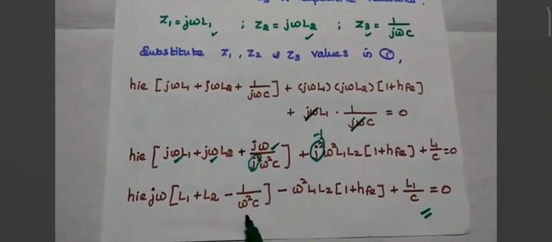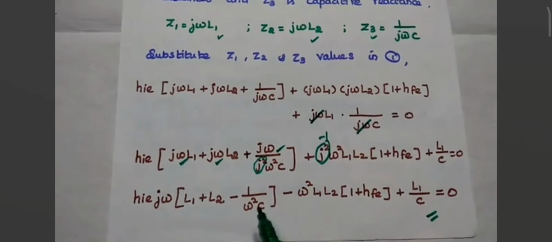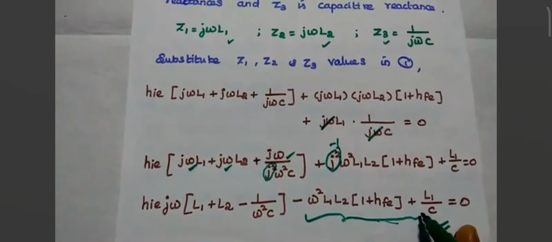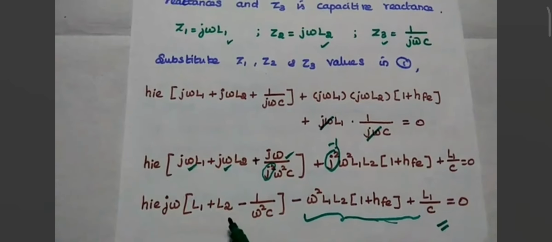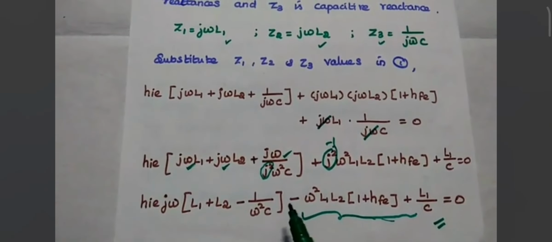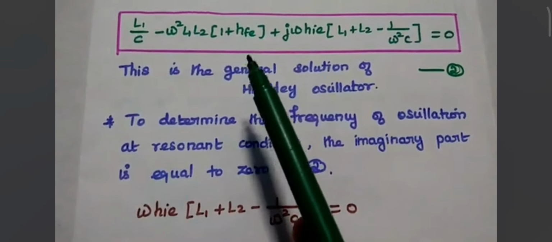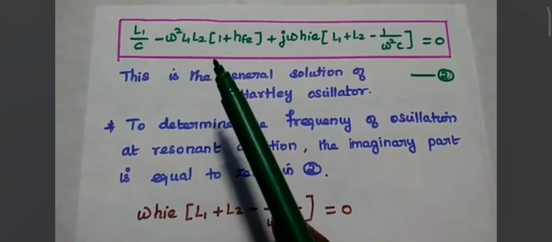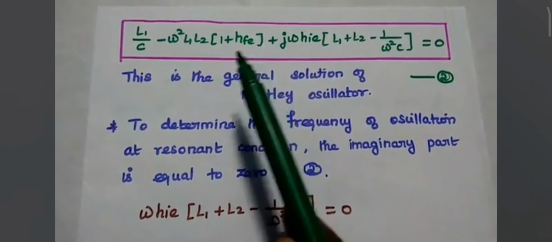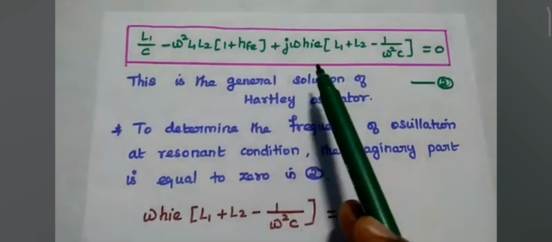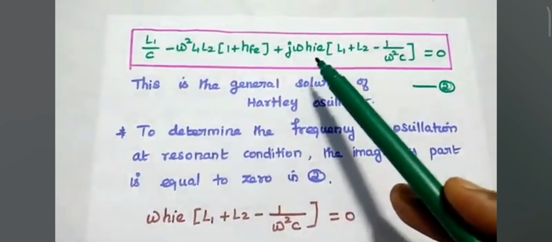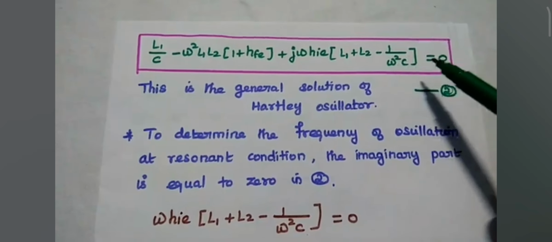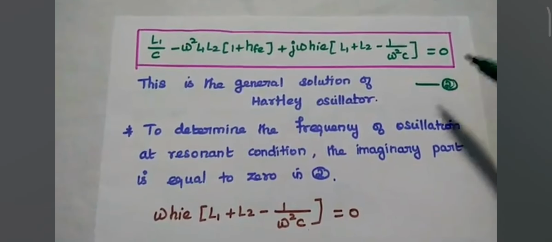Here it has a real part and an imaginary part. The real terms are those which do not have any j term. The j term is known as the imaginary part. We can simply rewrite the above equation as L1 by C minus omega squared L1 L2 into (1 plus hfe), that is the real term, plus the imaginary term j omega hie (L1 plus L2) minus 1 by omega squared C, that is equal to 0.